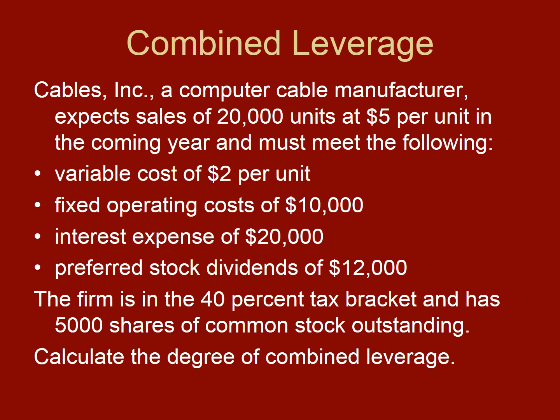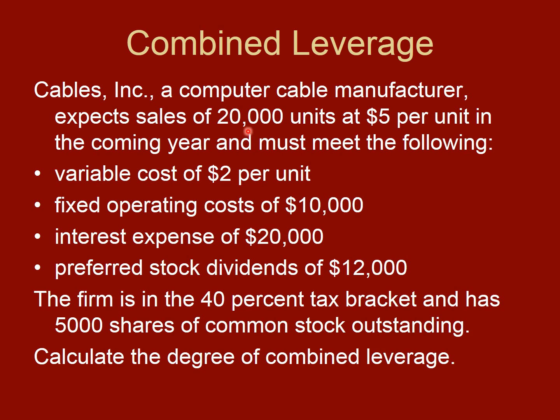So to demonstrate that, I'll use this problem here where Cables Incorporated is a computer cable manufacturer, and they expect sales of 20,000 units at $5 per unit in the coming year. And they have to meet the following. Their variable costs are going to be $2 per unit. So let's note a couple things as we're reading through this problem.